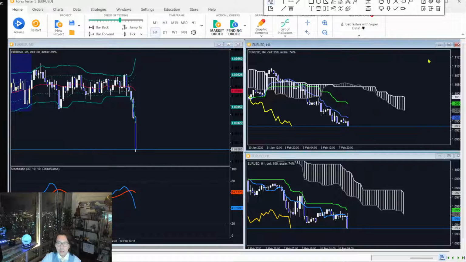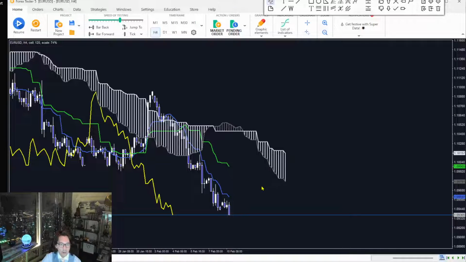Okay, so again, at this stage 4 hour is bearish. Kumo Senkou span B is down. When you see a down Kumo, the upper part is called Senkou span B, and the lower part is called Senkou span A. So in this case, both B and A are down. The angles are down, right?